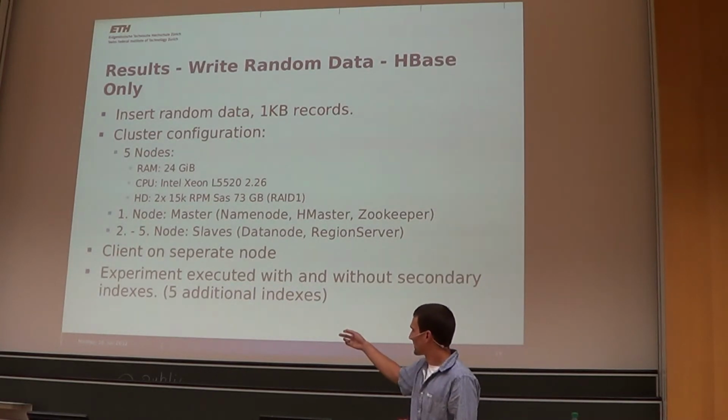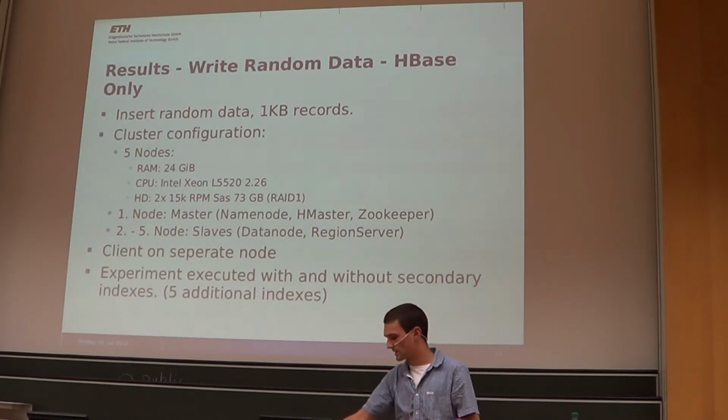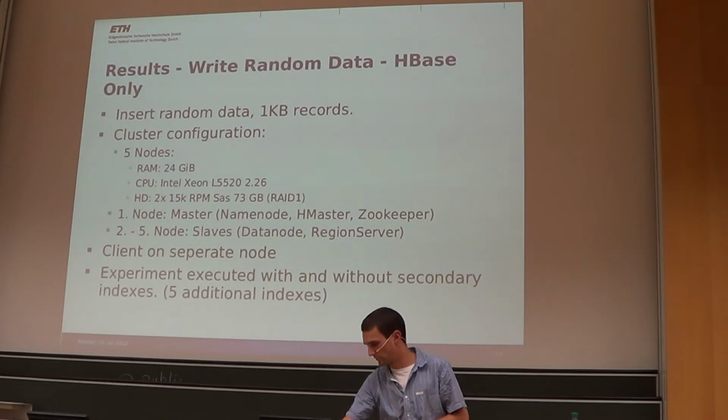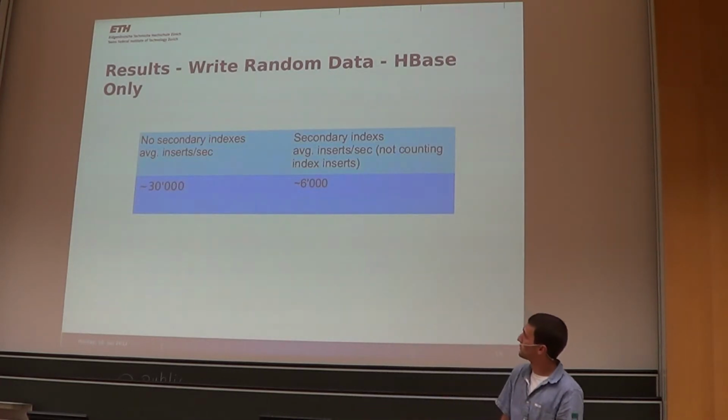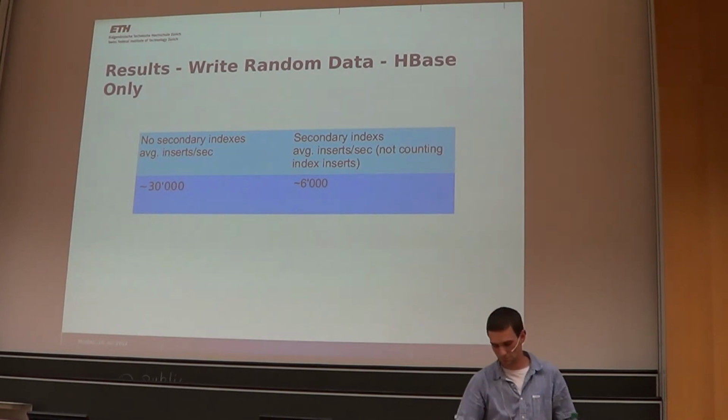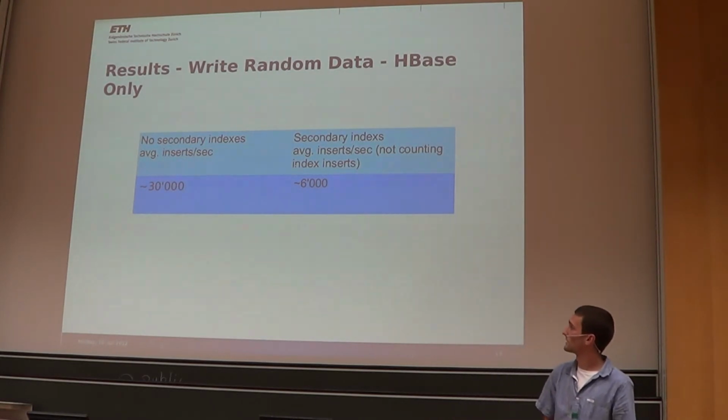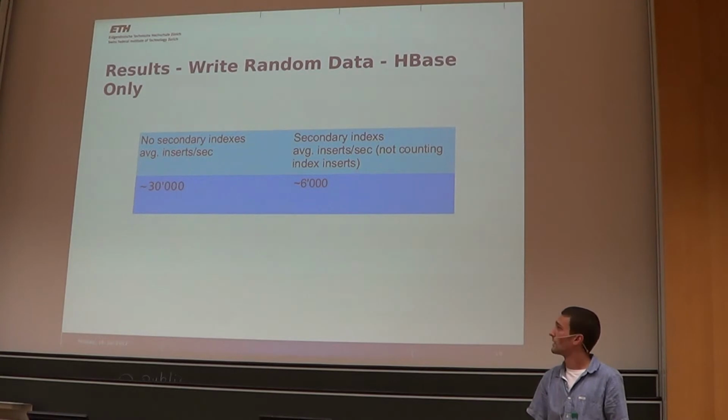And the secondary indexes are just 5 additional indexes on 5 attributes. So, with no secondary indexes, I had around 30,000 inserts per second. And with secondary indexes, not so many.